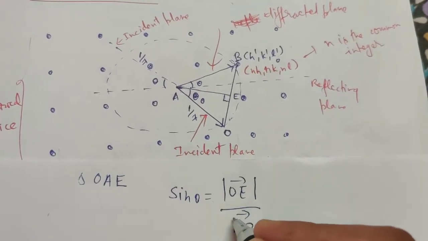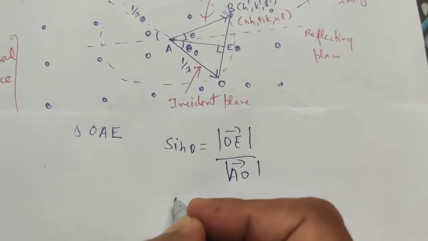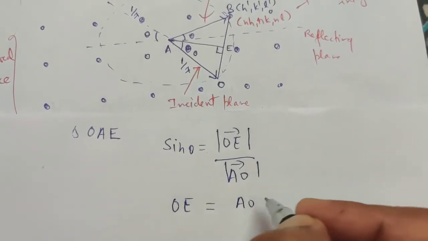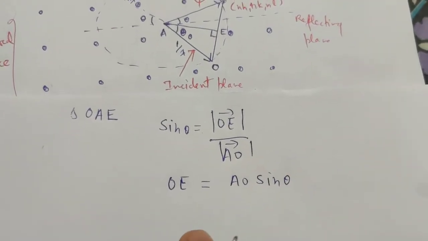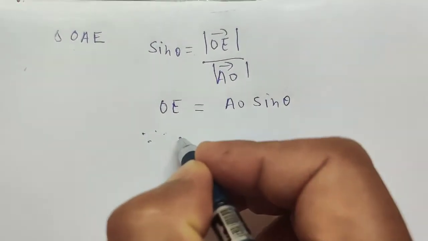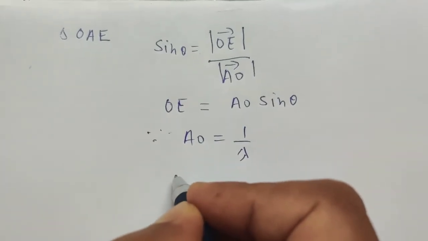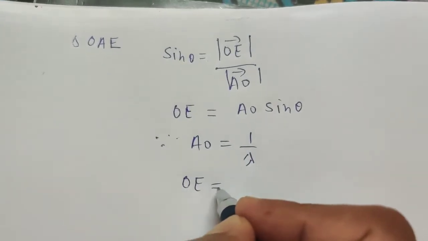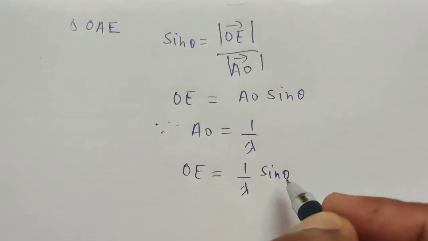So the magnitude OE is AO sine theta. Since we know that AO is equal to 1 upon lambda, which is the radius of the circle, OE will be 1 upon lambda times sine theta.